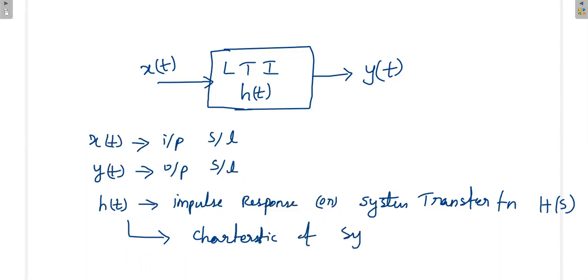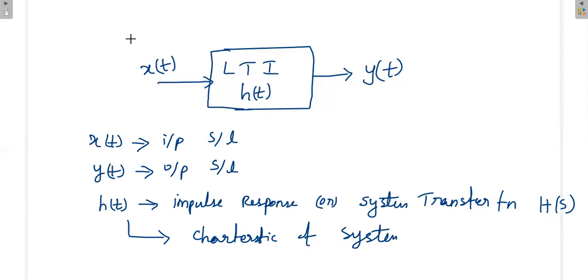So when we apply some input, the output is decided by h of t. H of t decides the character of the system. It will decide what output you will get for the corresponding input.